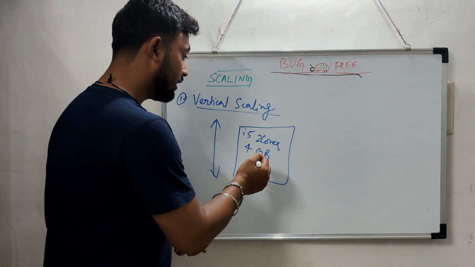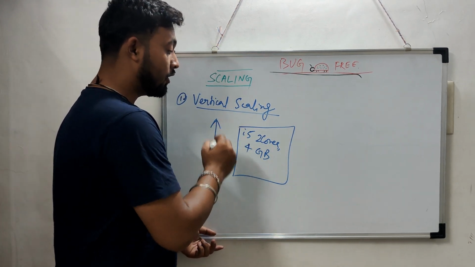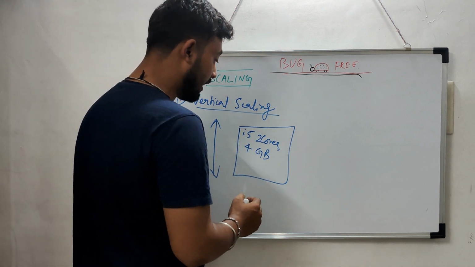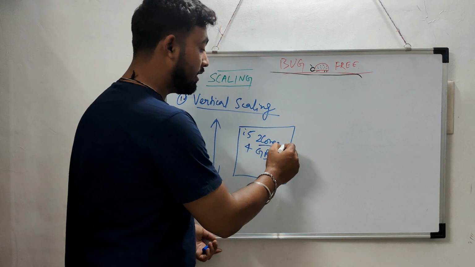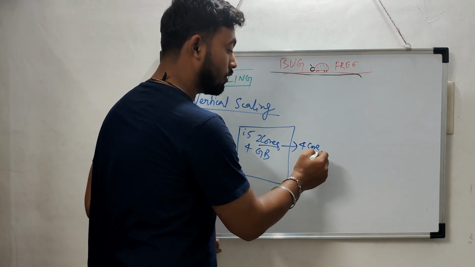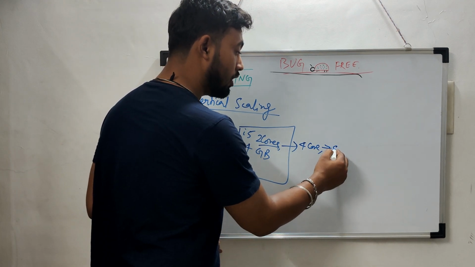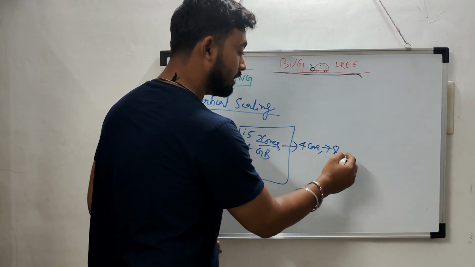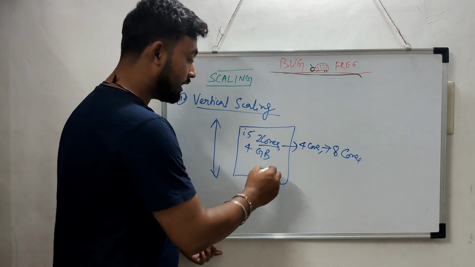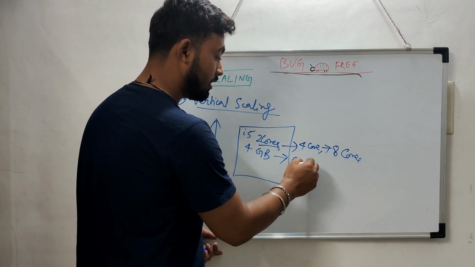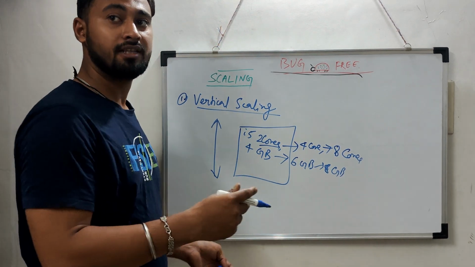To increase the power of the system, you can add more cores to this i5 processor. You can make it 4 cores, a quad core, and then add 4 more cores and it becomes an octa core. To increase the memory, you go from 4 GB to 8 GB, 16 GB, 32 GB, 64 GB, and so on.